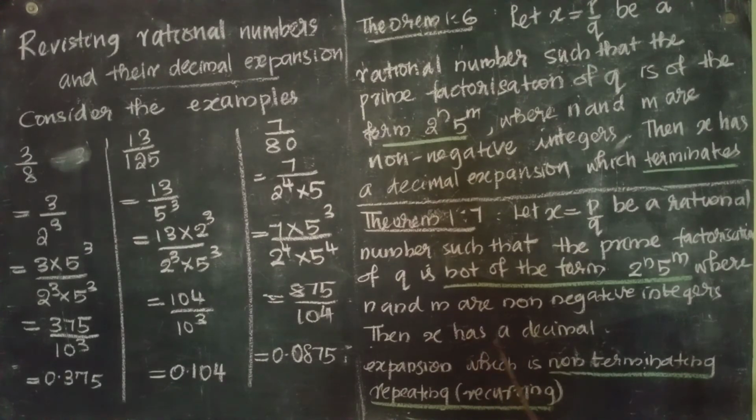Then x has a decimal expansion which is non-terminating, repeating or recurring. So if the prime factorization of q is of the form 2 raised to n, 5 raised to m, it is terminating. If it is not of that form, it is non-terminating, repeating. The problems using this idea will be included in the next part.